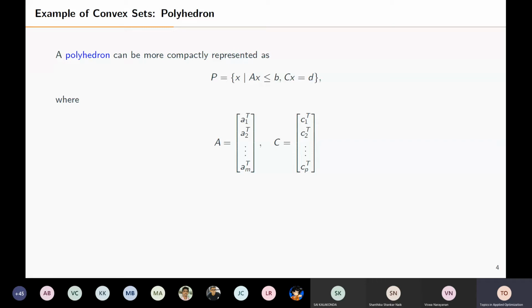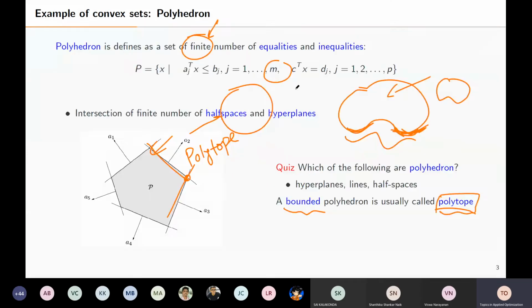Okay, a polyhedron can also be compactly represented using matrices. If you go back and see here, this is a sequence of inequalities to satisfy, and if I write down all of this, then I can absorb the AJs into matrix rows.